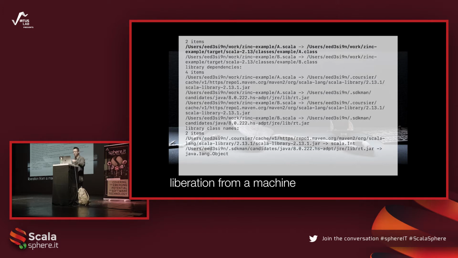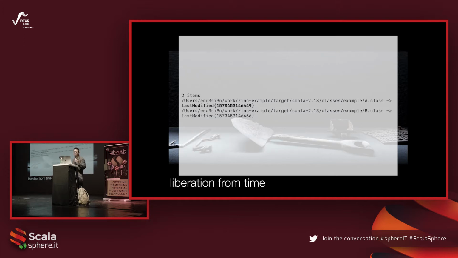The other part is, for example, here you see RT jars, right? So it's not just the source files, but also the libraries. We shouldn't have to know the exact location of your Coursier cache. And by lifting this information, you gain some freedom. The other is liberation from time.